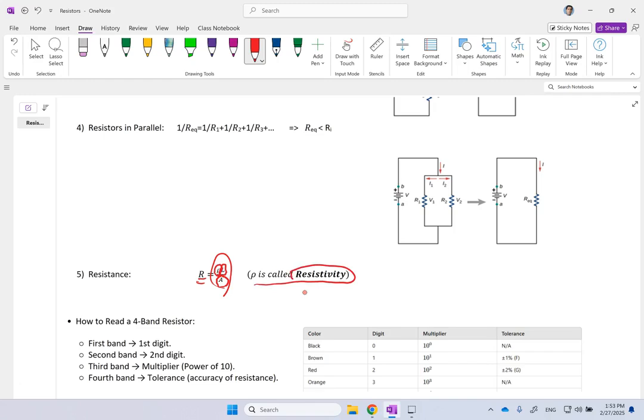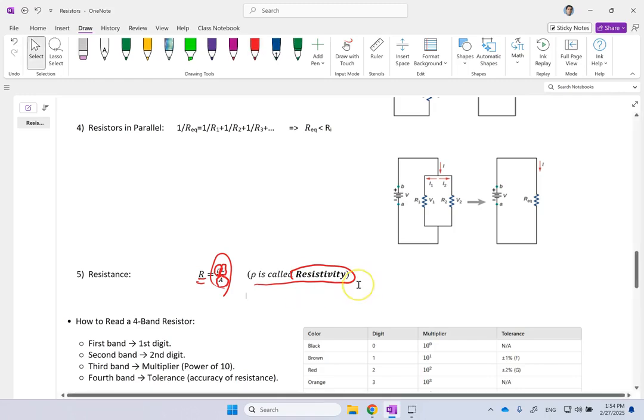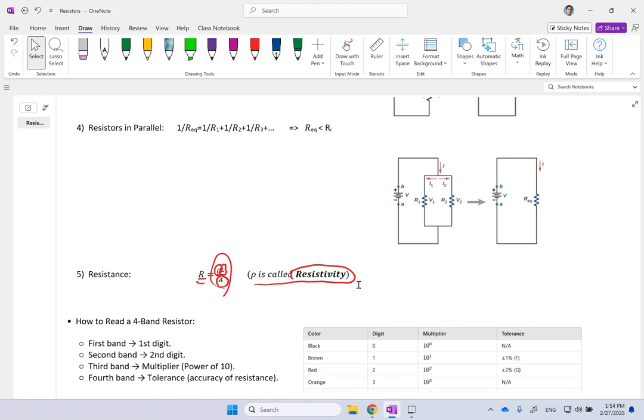So, for instance, the resistivity of copper or aluminum is different from a material that is not conductive. Materials that are not conductive have very large rhos. Materials that are good conductors, like copper or aluminum, have smaller rhos. Okay, and L is again the length, and A is the cross section.